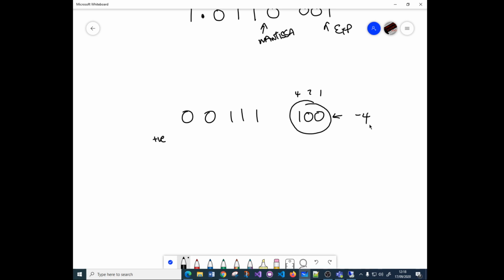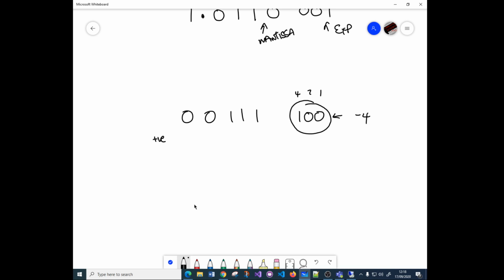Because every time you shift, remember, you're dividing. You divide it by 16. Remember, if you shift right, you divide by 2. So if you do that 4 times, it's going to be 2 times 2 times 2 times 2. Right, so it's going to get smaller.